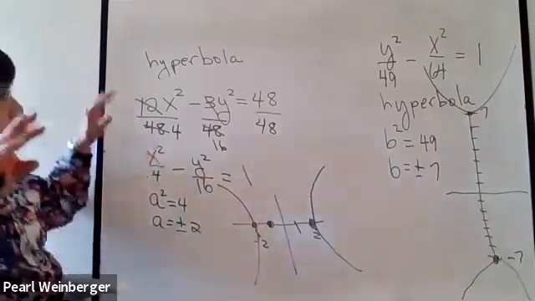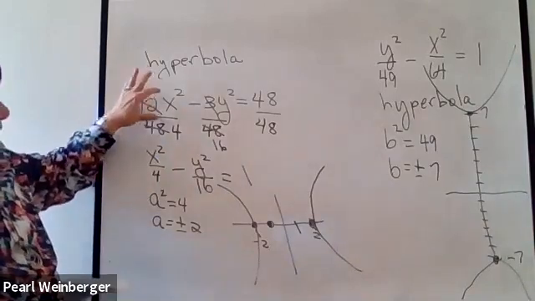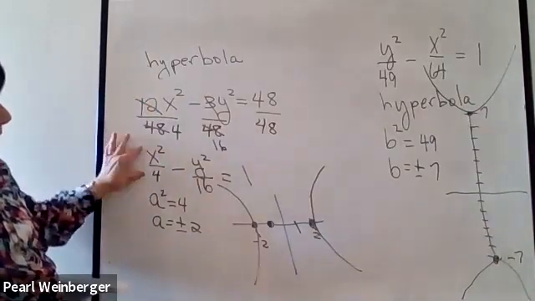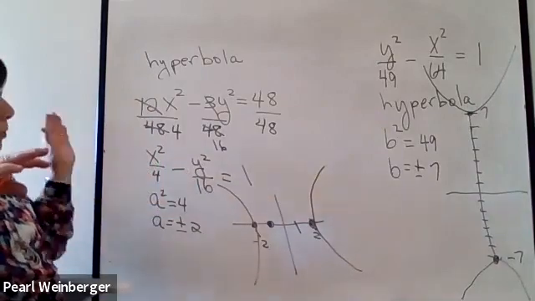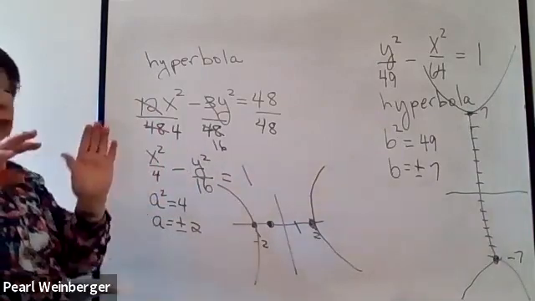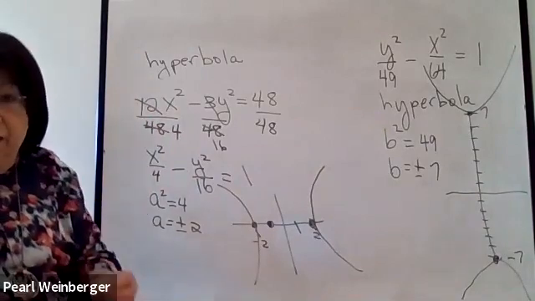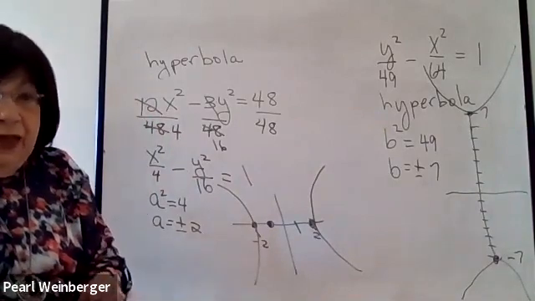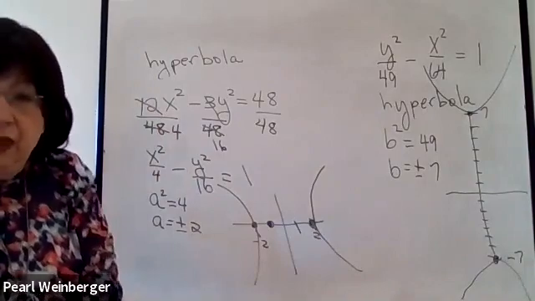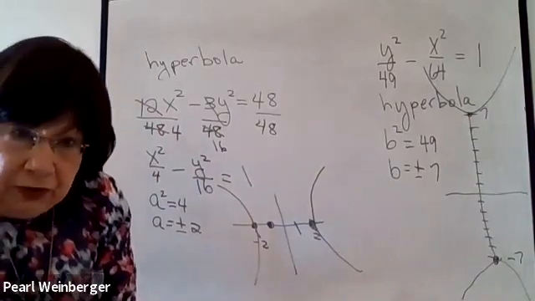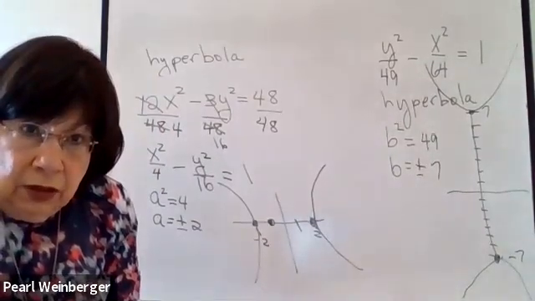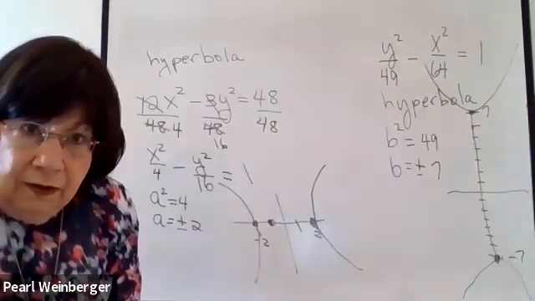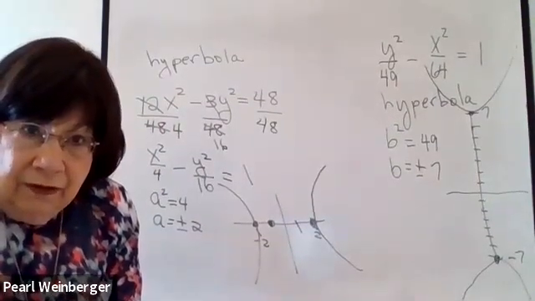And always remember the one that's in front, the one that's positive, not the one that's negative. Usually, if they wrote negative x squared and plus y squared, again, look for the positive one. The one that's positive is the one that's going to have the intercepts. The other one will not.